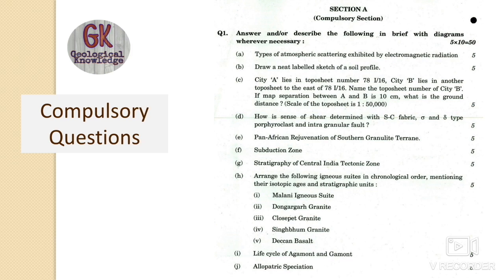1H: arrange the following igneous suites in chronological order, mentioning their isotopic age and the stratigraphic units. You have to arrange the igneous suites in chronological order, meaning older at the bottom and youngest at the top, and also mention the isotopic age and the stratigraphic unit.